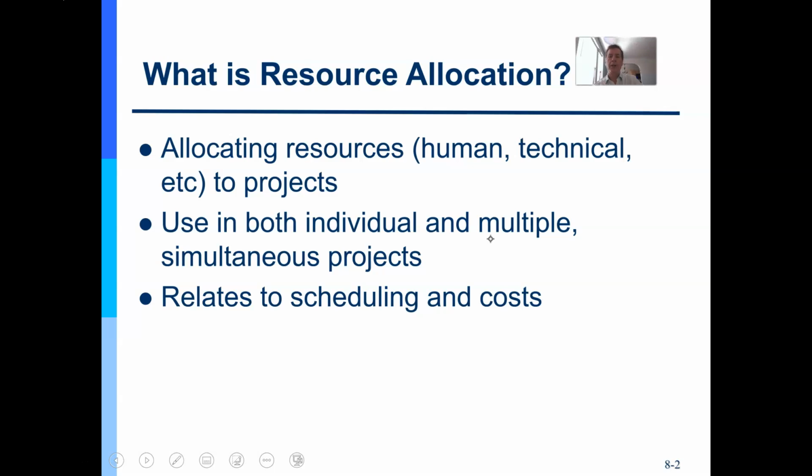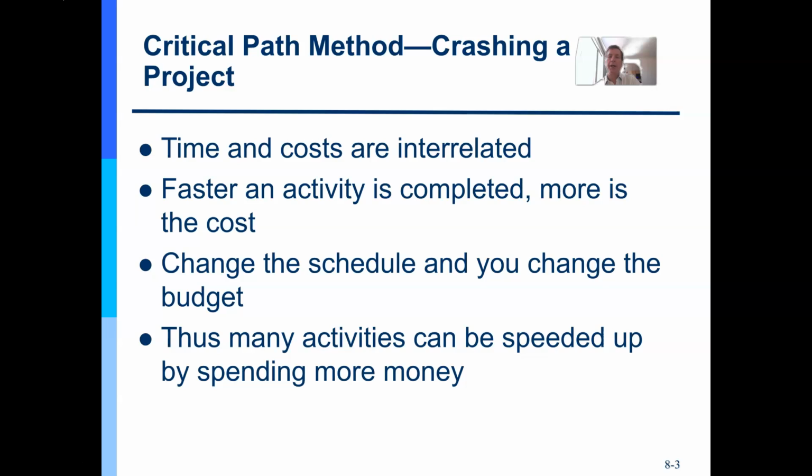So we're going to talk about allocating resources, both technical, human, physical, etc. And we're going to relate it to schedule and cost back again. Remember we did the critical path method, right? And so one of the tools you can use, well, okay, first, does a schedule ever fall behind?